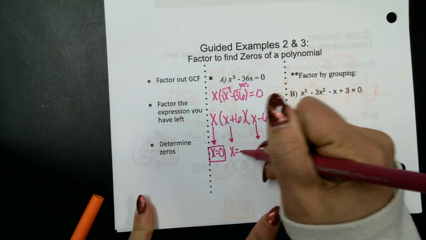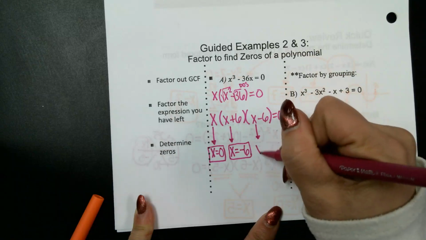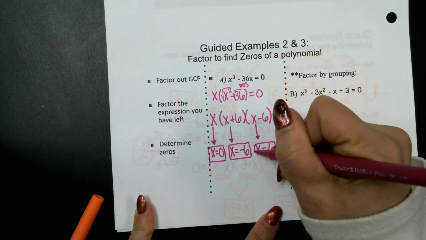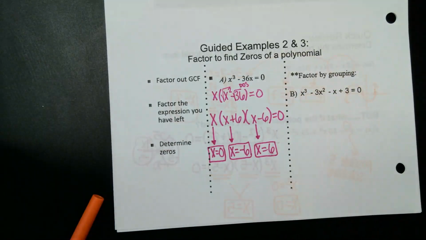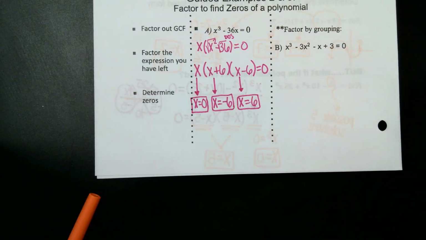This one's going to be x equals, and then the last one, x equals positive 6. So the original problem had the highest exponent of 3, meaning you might get 3 possible answers, and we just got 3 solutions.